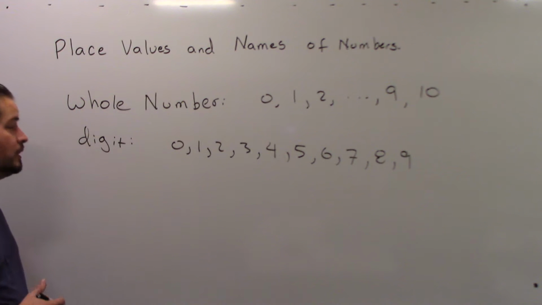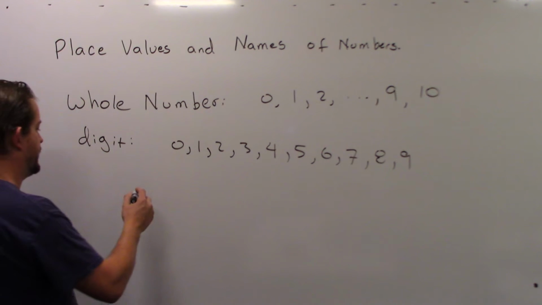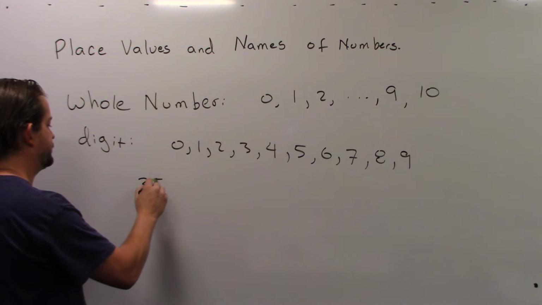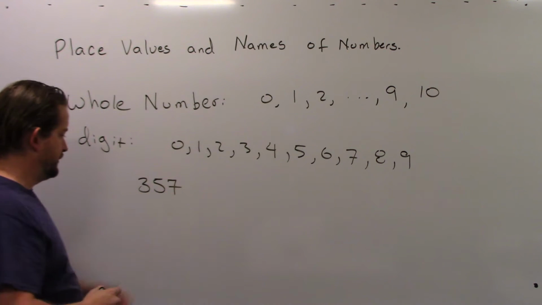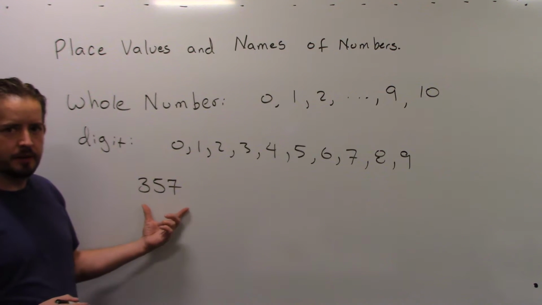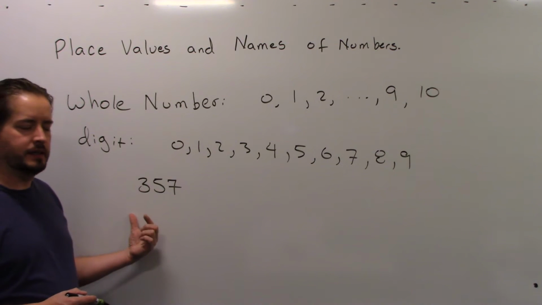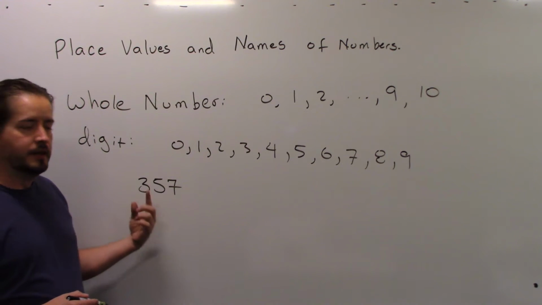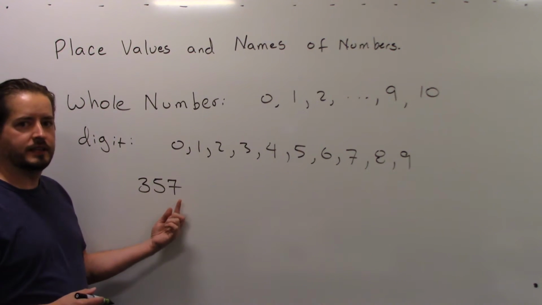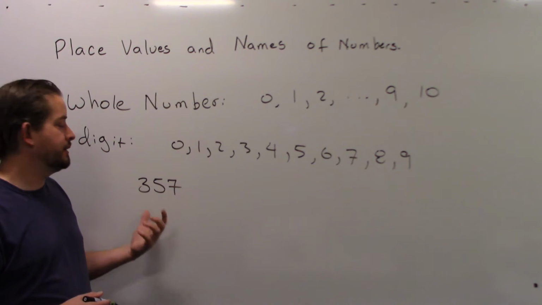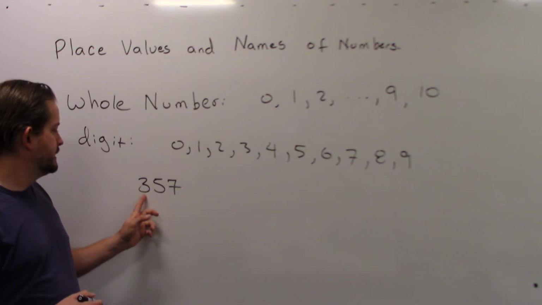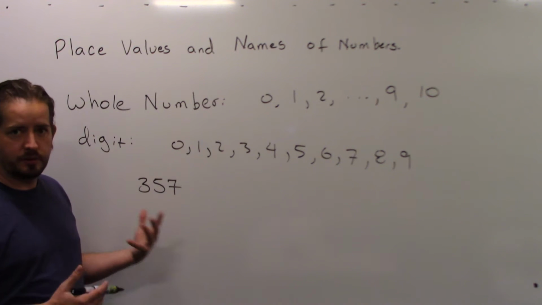Right? So if we have bigger numbers, like say we have 357, it is a number composed of 3 digits, a 3, a 5, and a 7. This 3 is worth more than the 5 and the 7 because it's in a different place than the 5 and 7. It's in the hundreds place. So because it's here, it's worth 300.